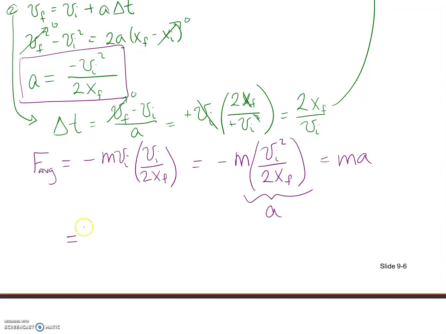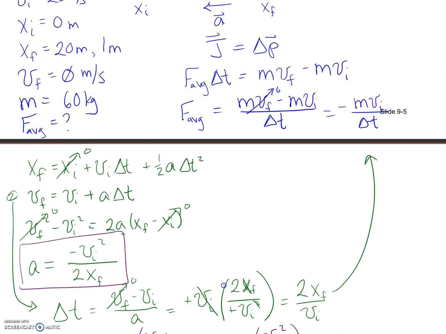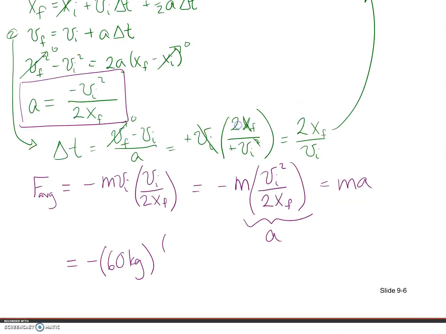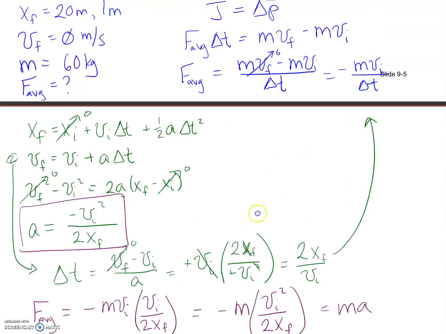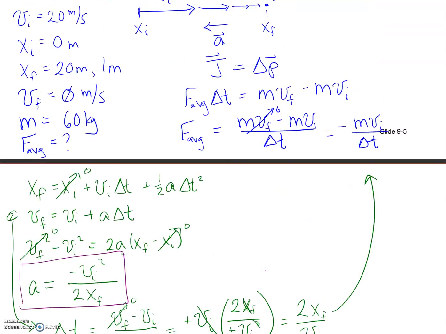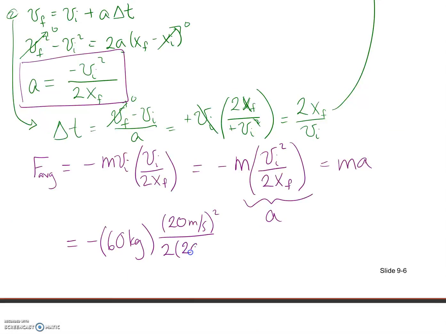So our average force is equal to negative mass, which was 60 kilograms, times v initial squared. My initial velocity, I think, was 20 meters per second. Square that, divided by 2 x final. Now, x final for part A was 20 meters.